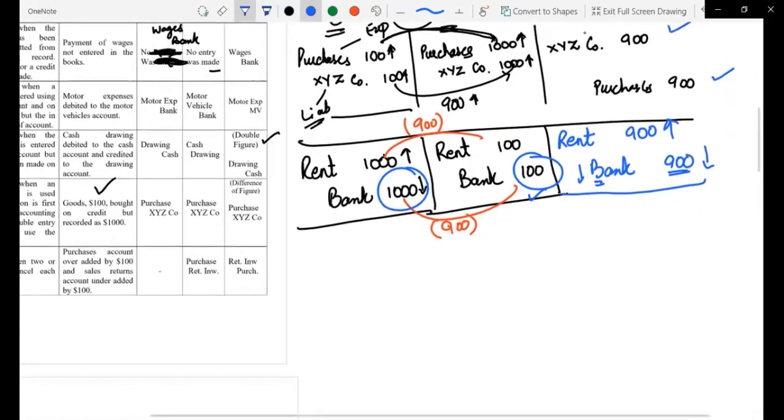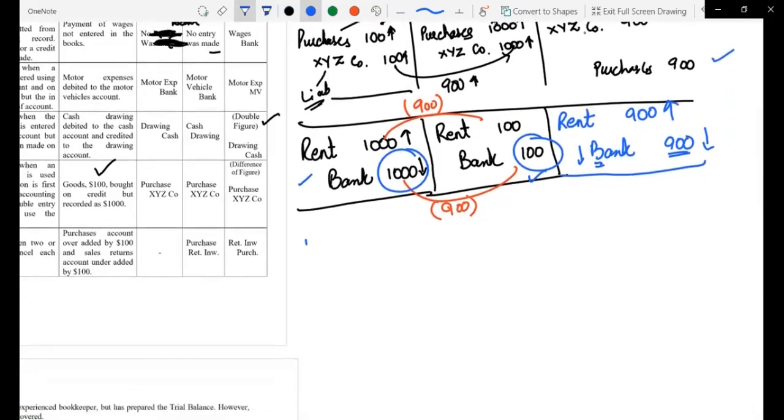If I give you one more example of the same: we sold goods on credit to Mr. Ahmed. So Mr. Ahmed was supposed to be debited as a trade receivable, and sales would be credited. The amount was supposed to be 500.